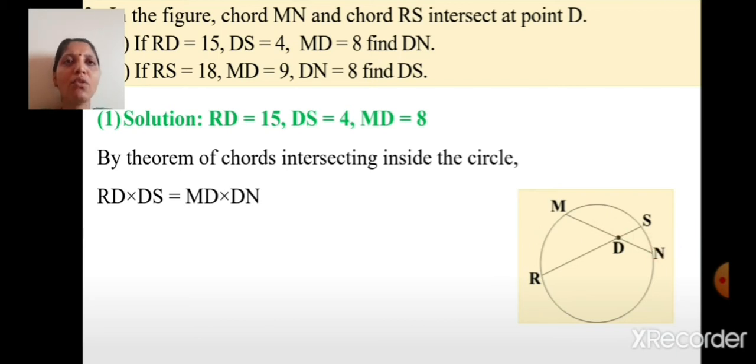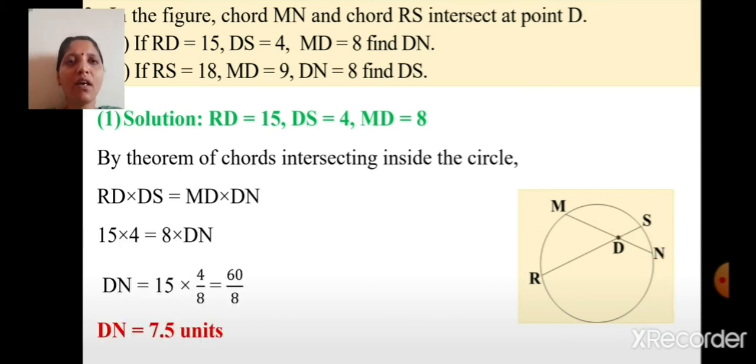Now substitute the values here. RD is 15, DS is 4, MD is 8 and DN you have to find out. So DN is equal to 15 into 4 upon 8, that is equal to 60 upon 8, that is nothing but 7.5 units. So the value of DN is 7.5 units.